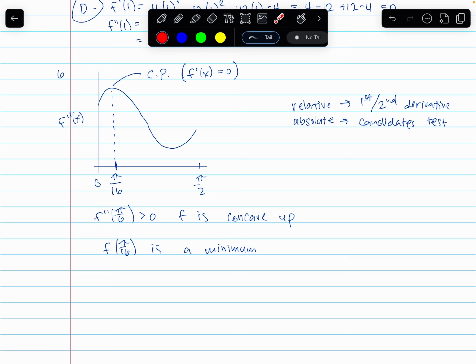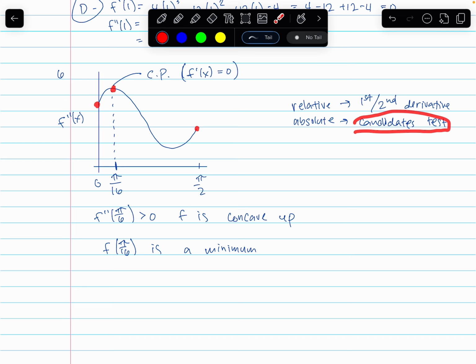Now, is it a relative or is it an absolute? So we would have to think about the endpoints here as well. Okay, so the candidates test says that absolute extreme values will occur at the endpoints or at the critical points.